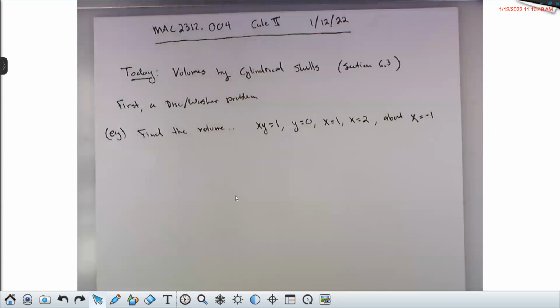Remember, y equals a constant is always a horizontal line. So this y equals 0, that's actually the x-axis. x equals a constant, like x equals 1 and x equals 2, those are vertical lines.